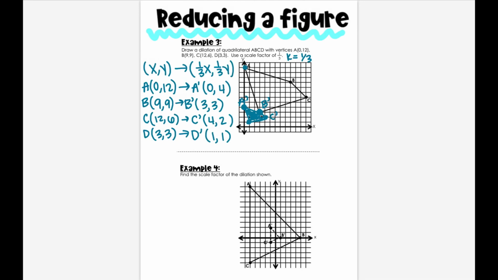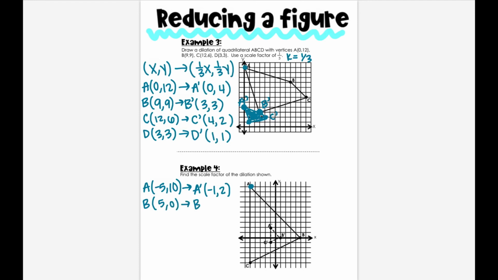Example 4 is going to be going in the opposite direction. We want to find the scale factor given the image and the pre-image. Okay, so point A starts out at the point -5, 10, and A prime is at the point -1, 2.